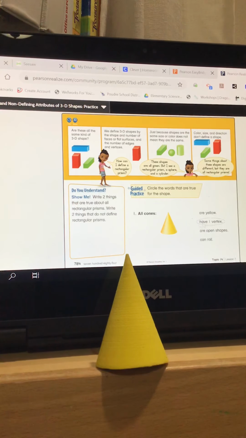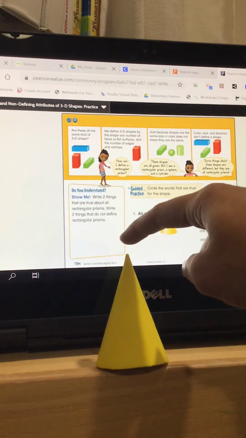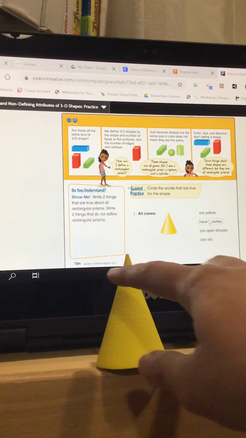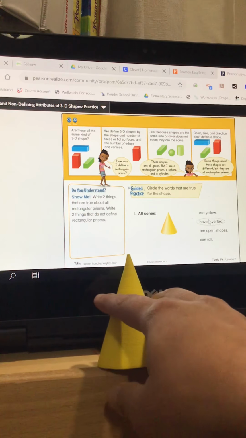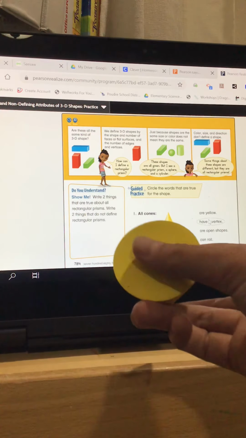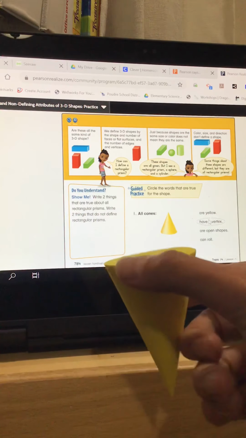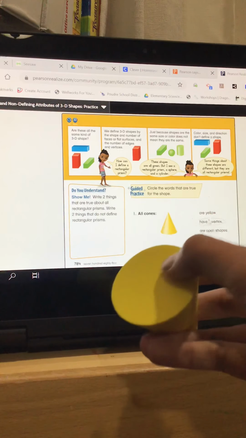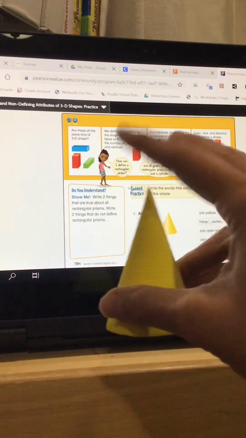No. Do they all have one vertex? Yes. Are all cones open shapes? Nope. Mine is not open. An ice cream cone is an open cone, but this cone has no openings.